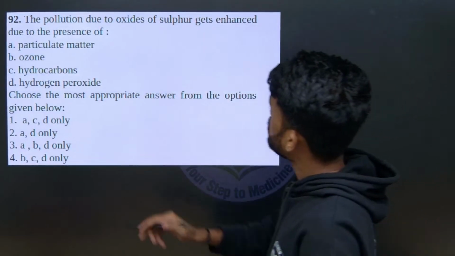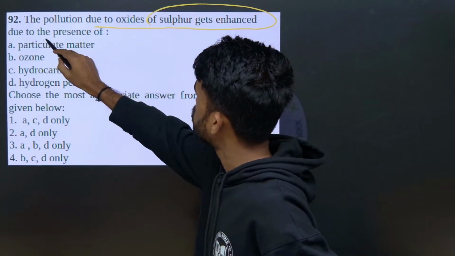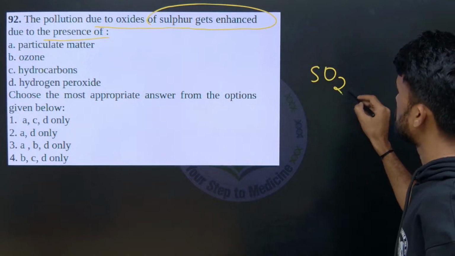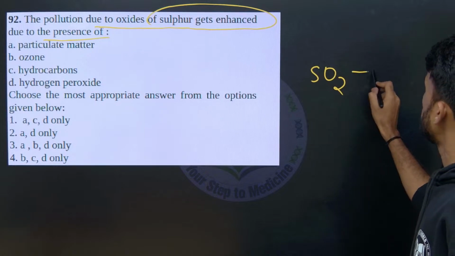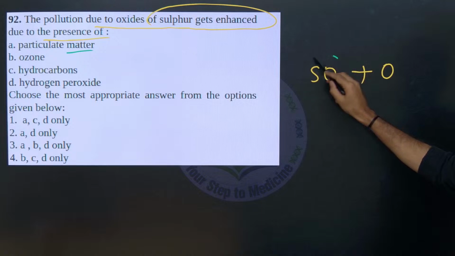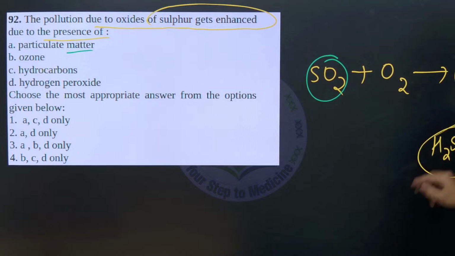Then next, the pollution due to oxides of sulfur gets enhanced due to the presence of what? Okay. Oxides of sulfur, let us take sulfur dioxide. Whenever we have particulate matter, that oxidizes SO2 very quickly to acidic oxides like SO3. Whenever it is exposed to water, it results in sulfuric acid, which causes acid rain, right?